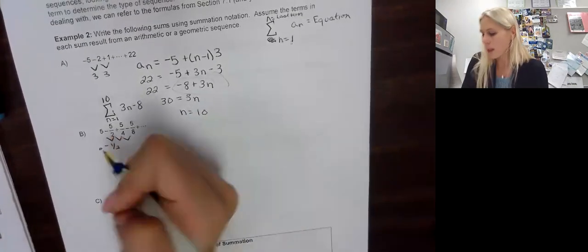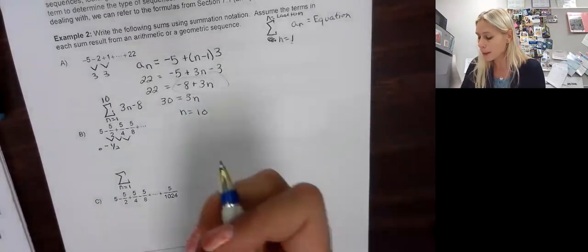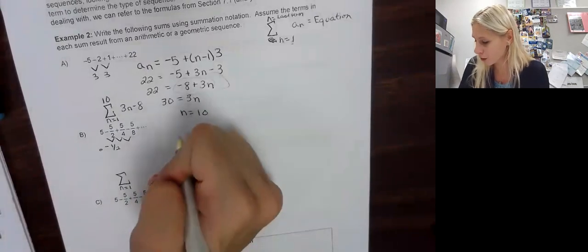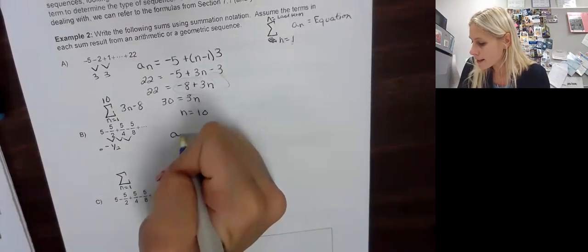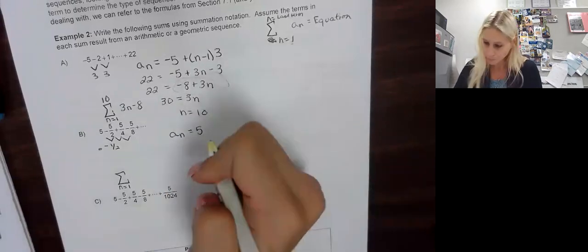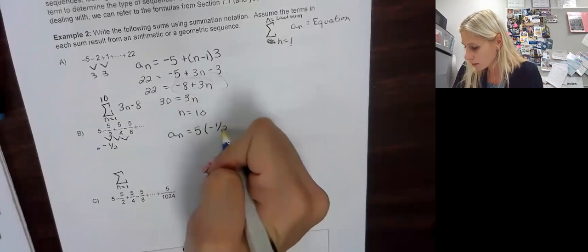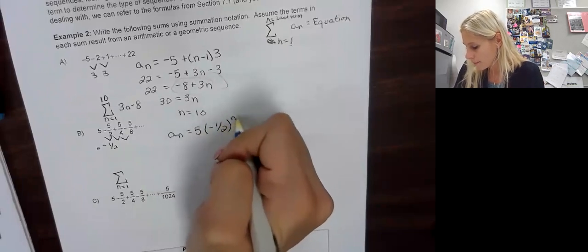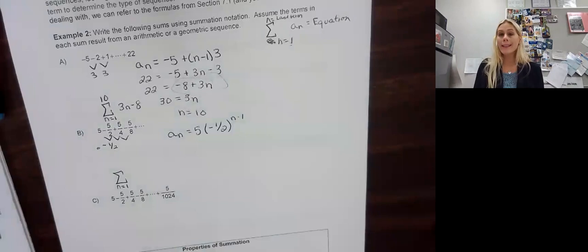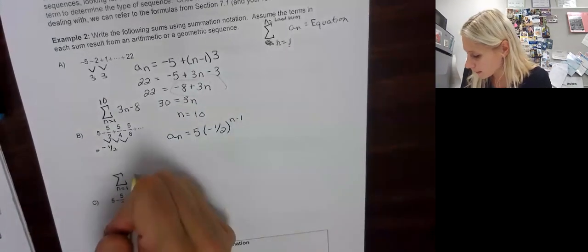So multiply by 1/2, which means it's geometric. We have A sub n equals the first term value times the common ratio to the n minus 1. Now there's no way to simplify this, so this is exactly what I'm going to put into my equation.